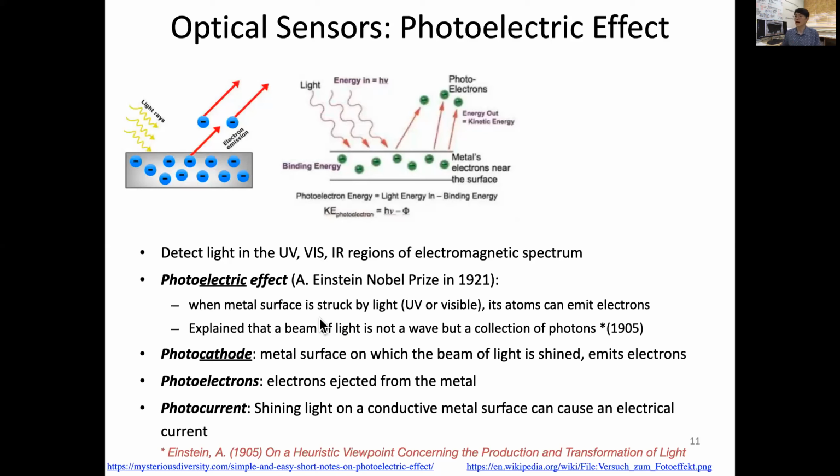Einstein's explanation of this as the photoelectric effect, and the introduction of the concept of the photon, light as a particle, kind of changed the whole idea and introduced the emergence of quantum mechanics.